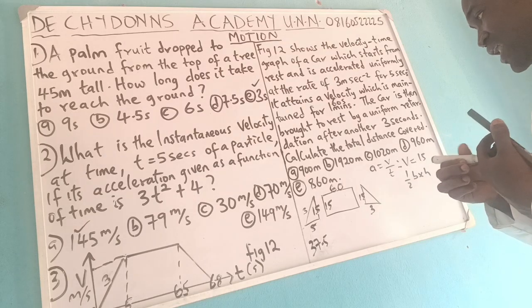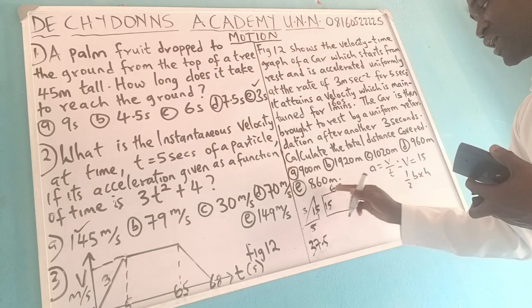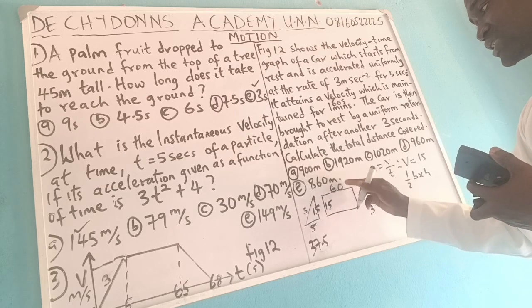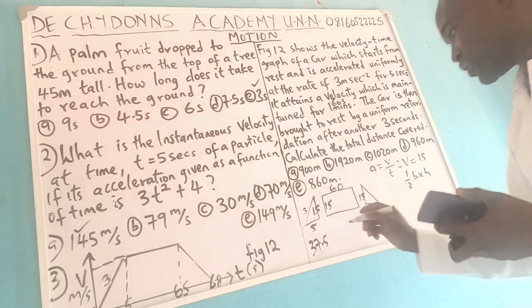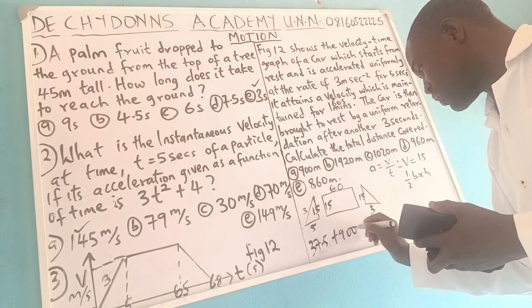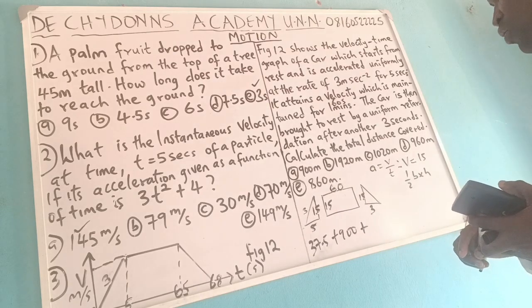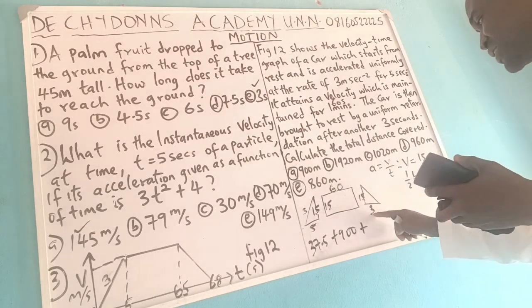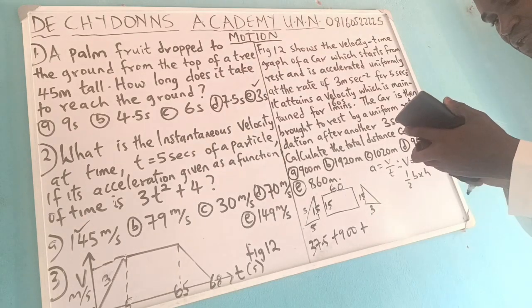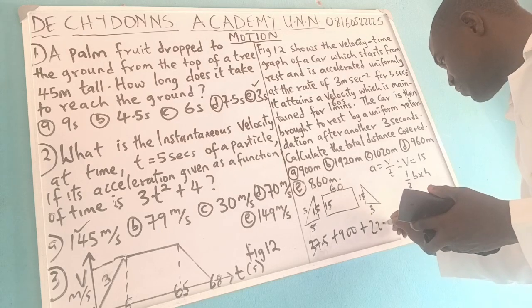So we'll go to the next one. Area of this, this is a rectangle. Area of a rectangle is length times width. 60 times 15 gives you 900. Plus this one is a triangle. Half base times height is still the formula. 15 times 3 divided by 2 is 22.5.